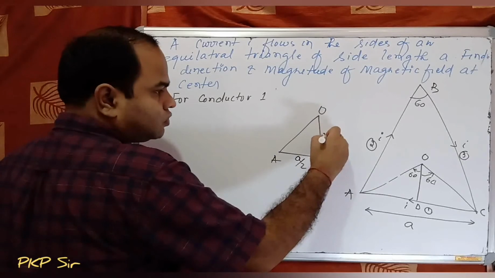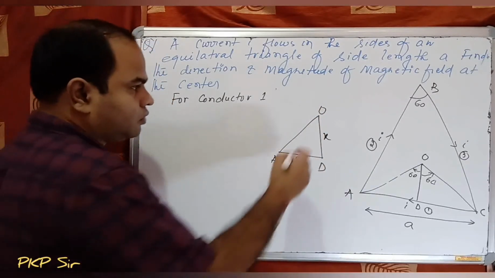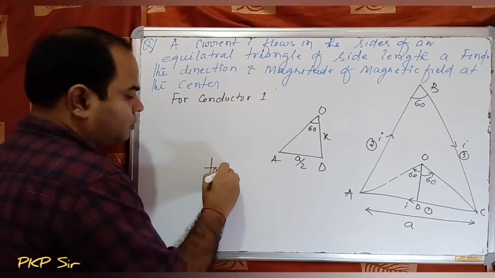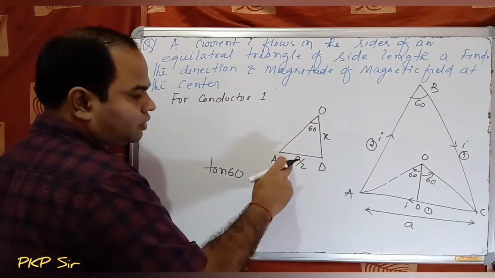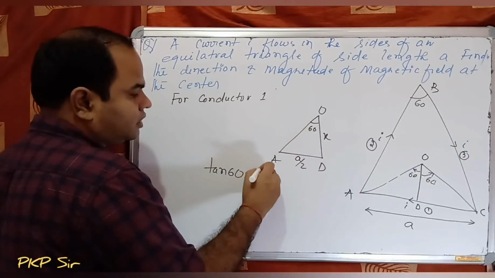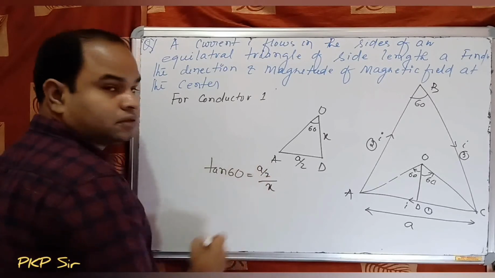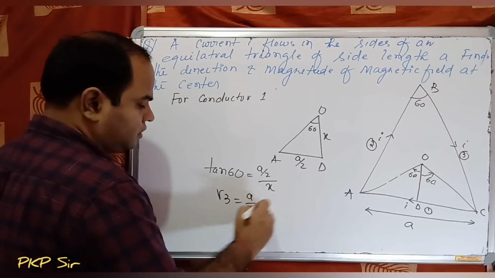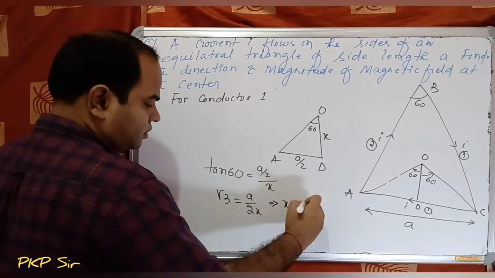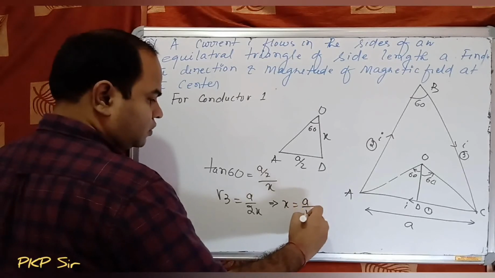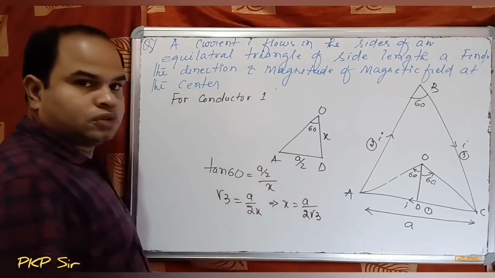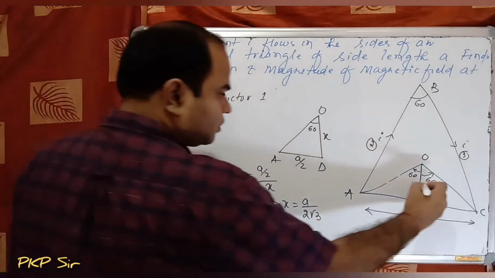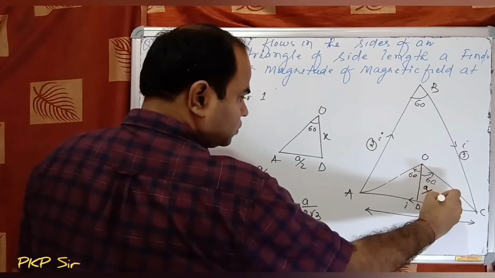The angle is 60. So tan 60 is equal to height by base. Height is A by 2, base is x. Tan 60 is root 3, so root 3 is equal to A by 2x. So x is A by 2 root 3. So the perpendicular distance x is A by 2 root 3.